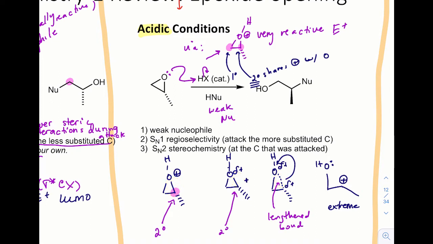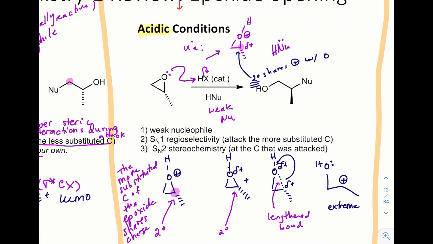So however we want to think about it, we know that the secondary carbon, look back at the top of the screen now, back to this picture. The secondary carbon is sharing the charge. It will be attacked by the weak nucleophile. So the weak nucleophile is attracted by electrostatics to that secondary carbon and will attack. So we can show that attack.